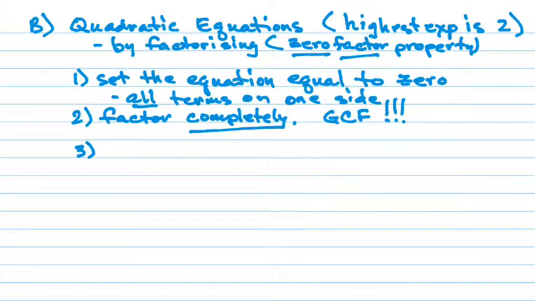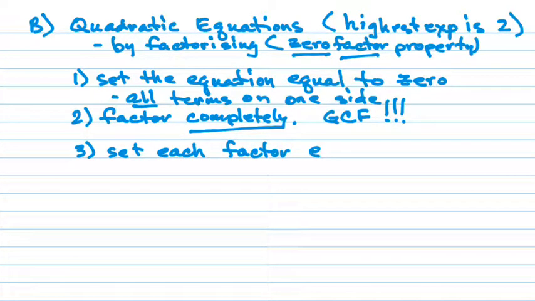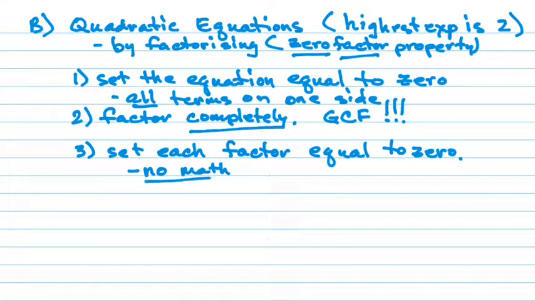Then, step 3. Come on, guys. Focus with me. Set each factor equal to 0. We've broken it into two factors, so we'll have brackets. We're going to set each one equal to 0. But there's no math here. Originally, we might have had to set it equal to 0 by moving a 2x or subtracting a 5.